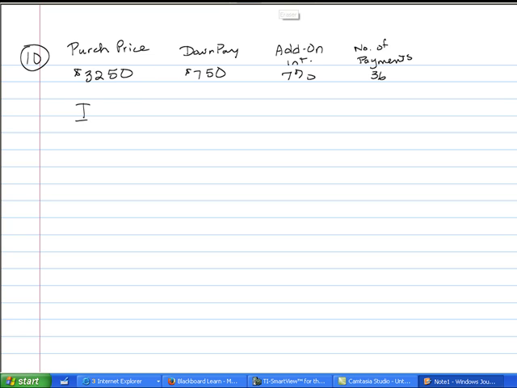So that's $2,500 that is borrowed, so to speak. So we have P times R times T. 36 months is 3 years. So we have 2,500 times 0.07 times 3, which is 525.